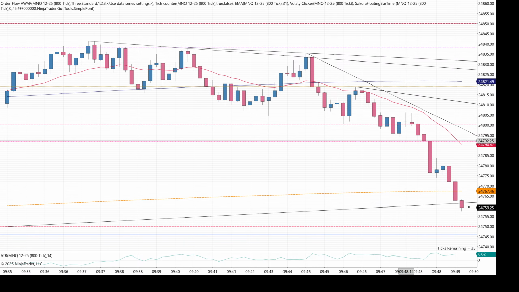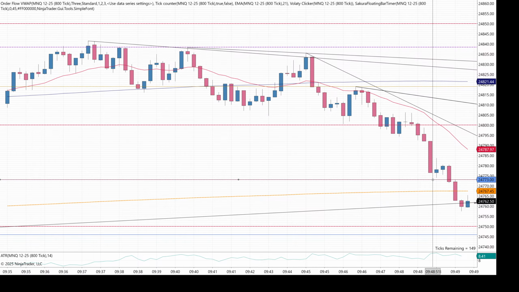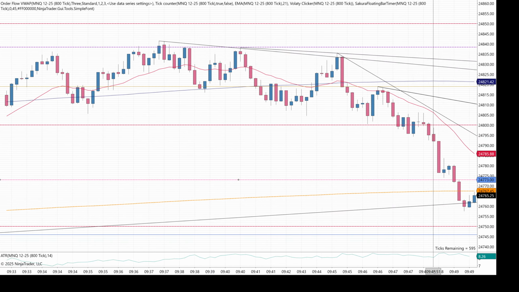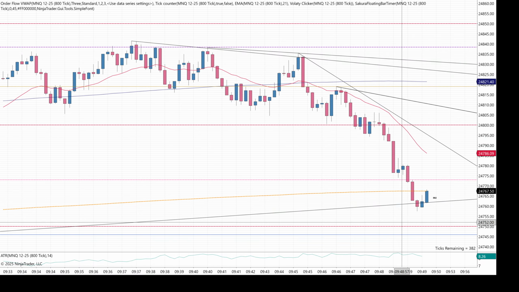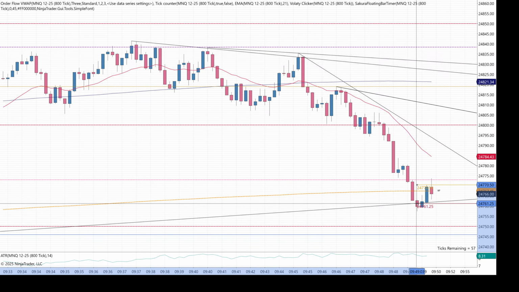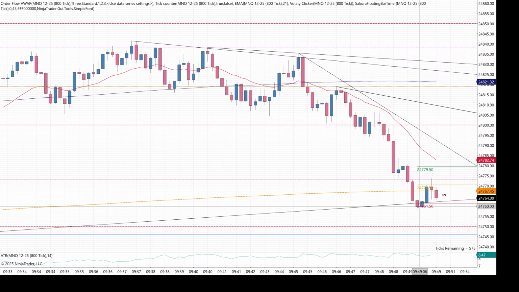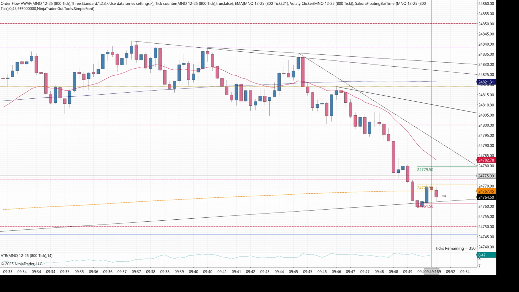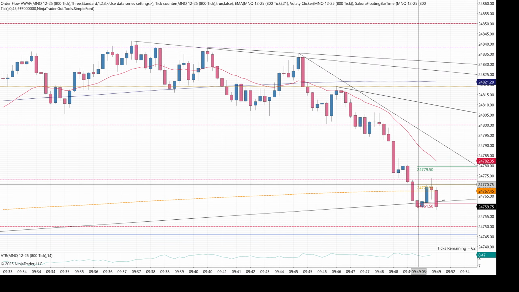Okay, we're back at VWAP. This is a bullish trigger, but I don't know if I want to take it because we were technically still in the bearish trade. So that's a stop.